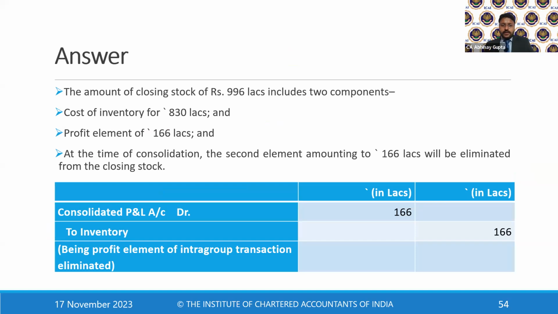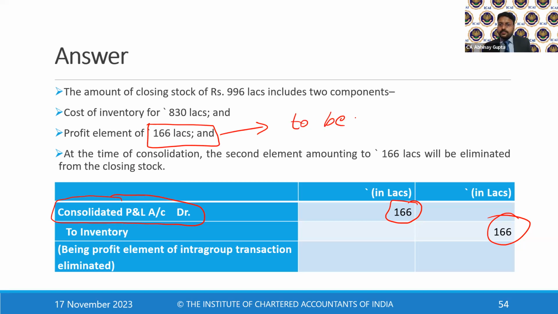So what would be the journal entry in the consolidated accounts? We will say consolidated P&L account debit by 166 lakhs to inventory account, 166 lakhs. Why? Because while preparing the consolidated financial statements, we need to eliminate the intra-group transactions. Now, the intra-group transaction is the purchases made by the subsidiary company from the parent company on which the parent company has earned a profit element of 166 lakhs. Now, while preparing CFS, this profit element needs to be eliminated, right?